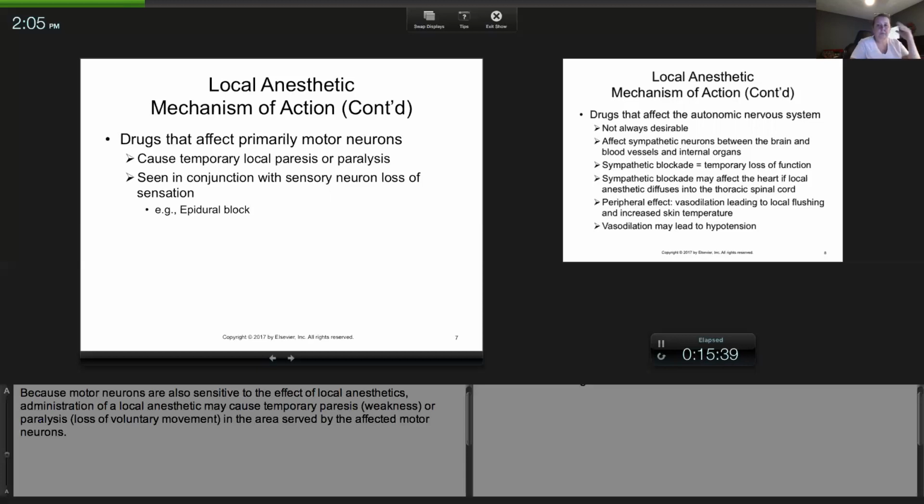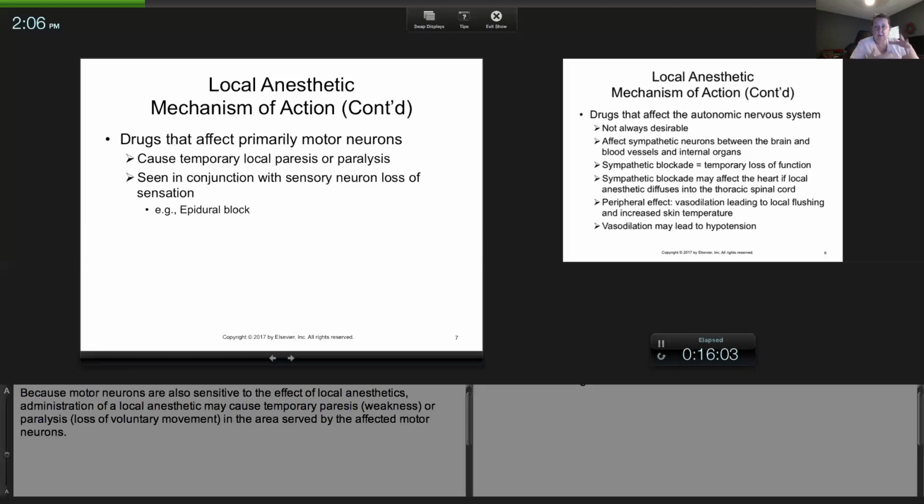So motor nerves are typically blocked when we do more of these regional, larger blocks, and they are affecting nerves that control limbs. A C-section block is blocking the abdomen. It is not blocking the forelimb and the hind limb, but where you put an epidural, it affects the hind limb nerves.